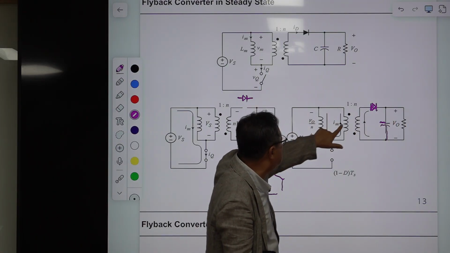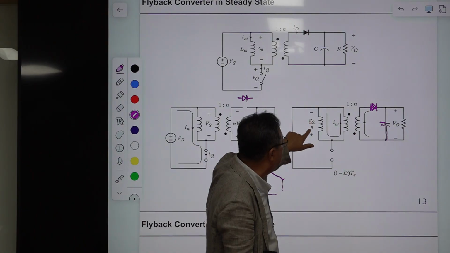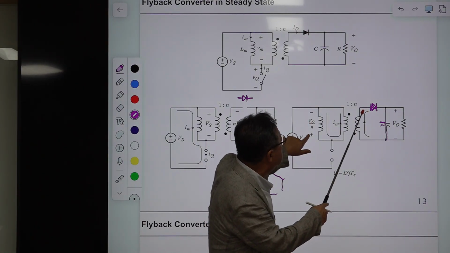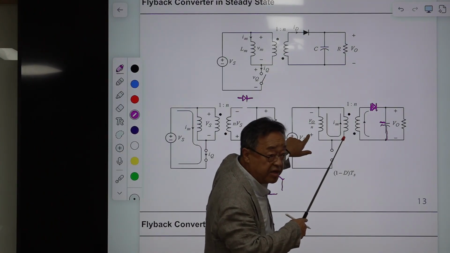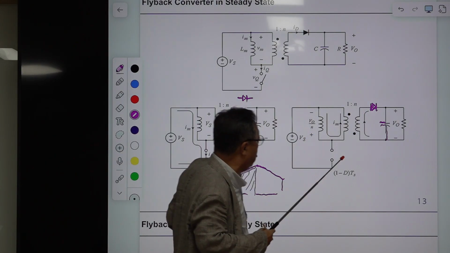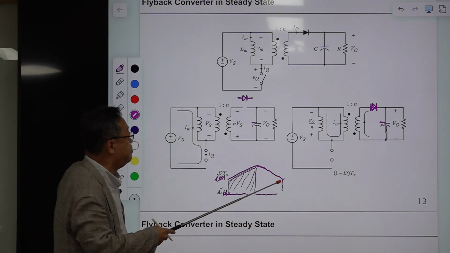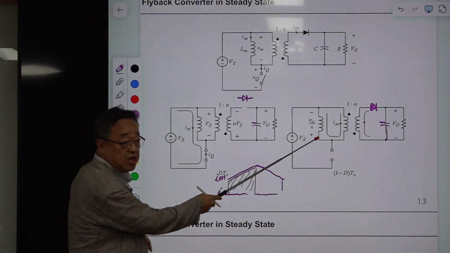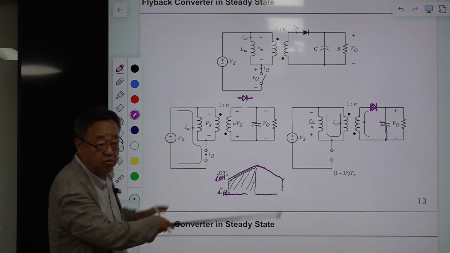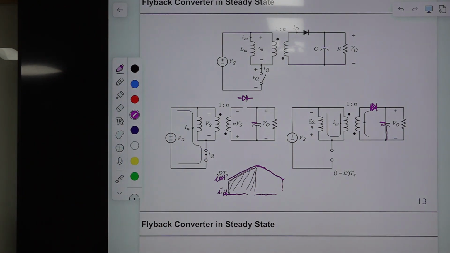Then this voltage becomes Vo divided by n. And this voltage is positive, then this is positive, then this should be positive. Then this voltage becomes plus, minus is coming here. During that period, IM is decreasing because a negative voltage is applied across the magnetizing inductance.